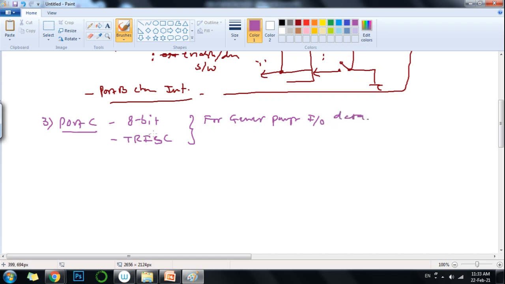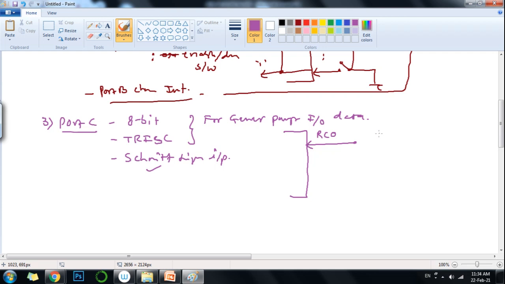The one special feature provided to port C is that it has Schmitt trigger input buffers. That means when you configure any of these pins as an input pin, for example RC0, then this pin will have the Schmitt trigger input feature.